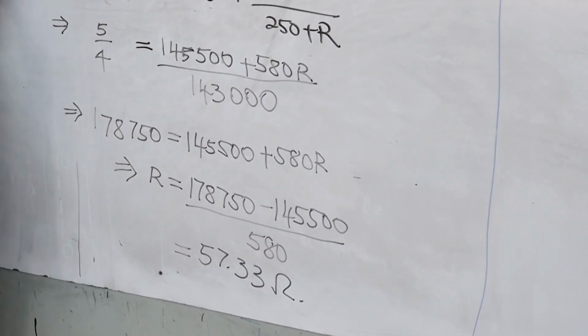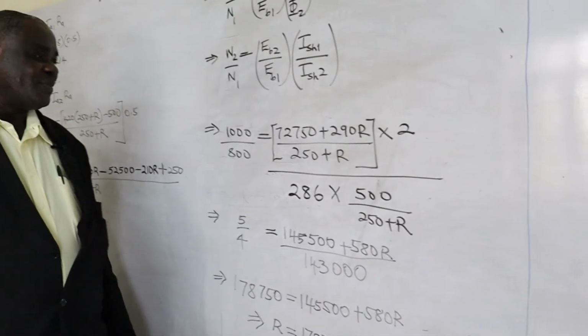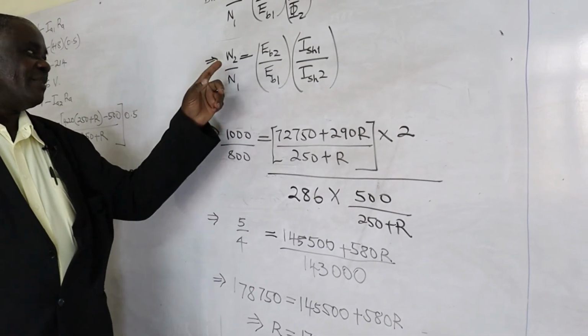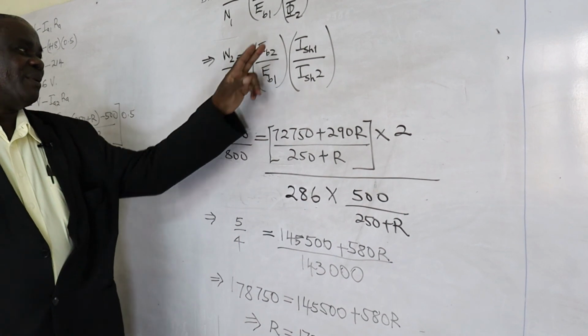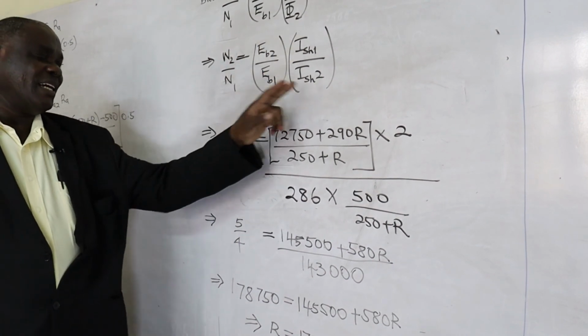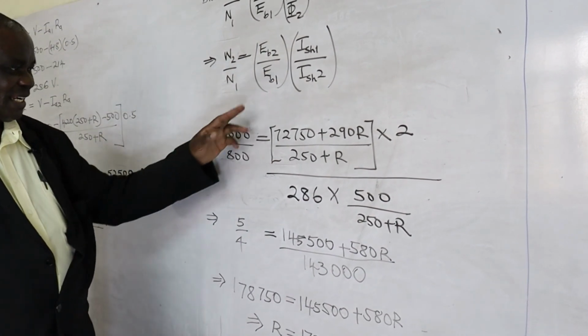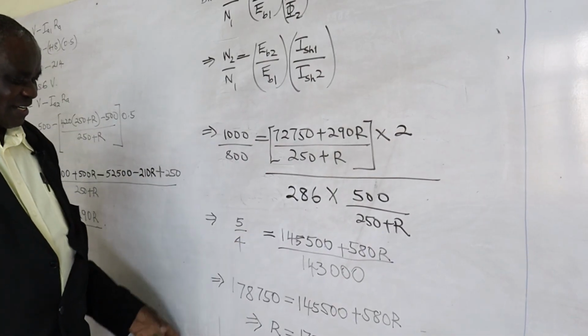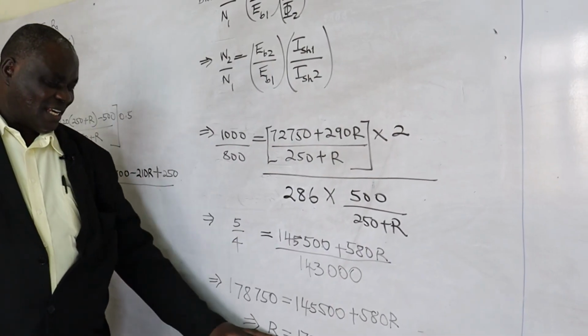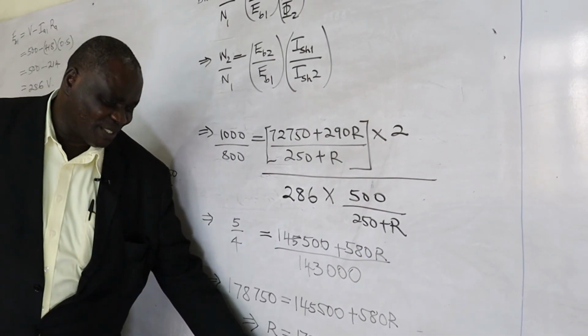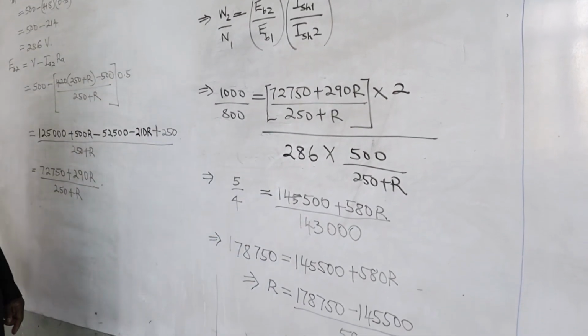So in analyzing what we had, we replace our values for N1, N2, EB2, EB1, I shunt 1 and I shunt 2. We calculate all this and transpose for R, and therefore R is equal to 57.33 ohms.